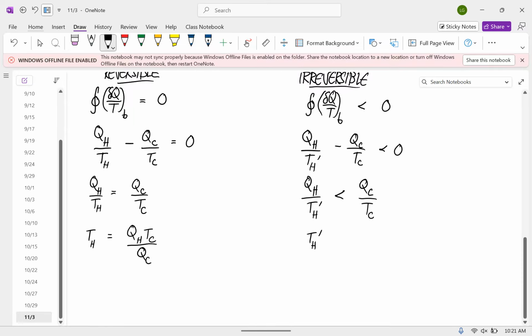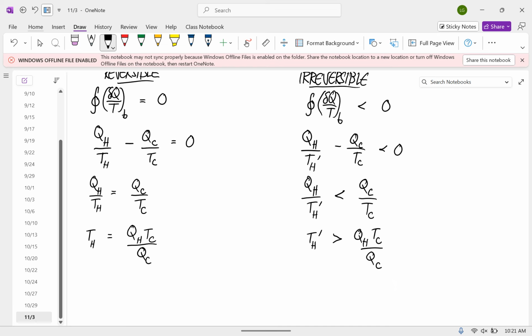And so you get TH prime is greater than, you can follow this, right? TH prime is greater than QH TC over QC.